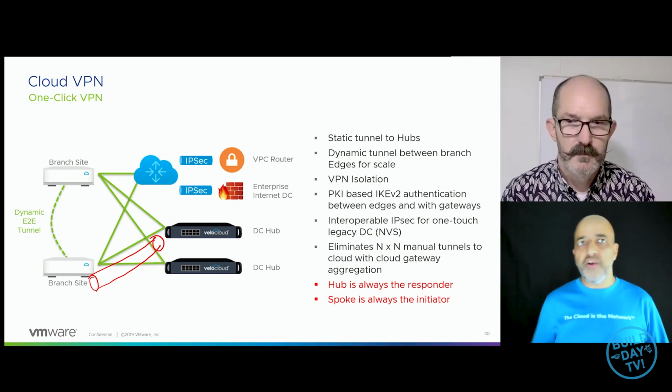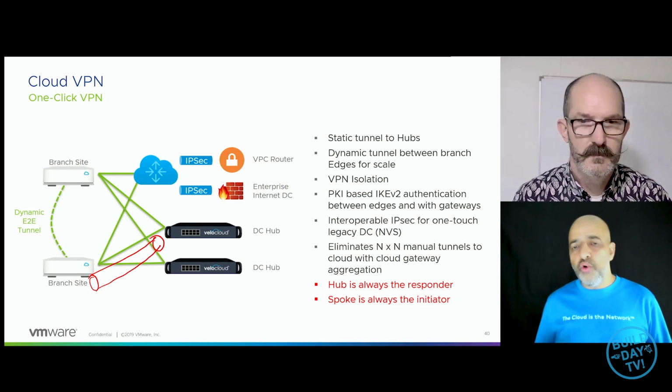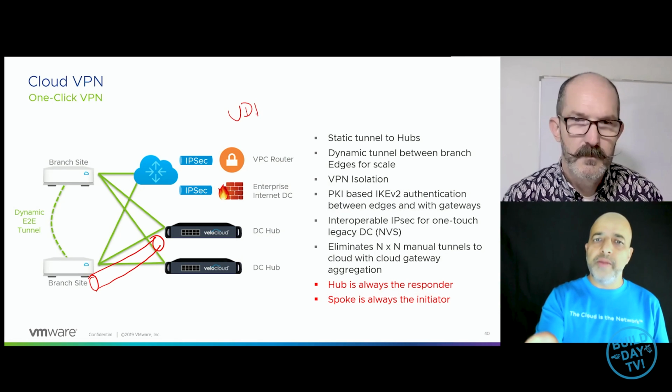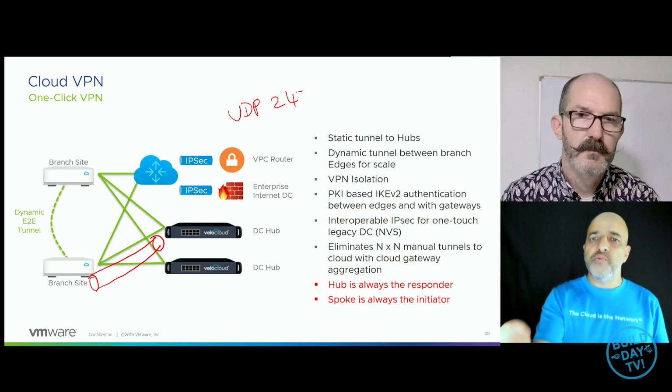Once you designate an edge device, let's say in a data center, as a hub device, then all the edge devices on your branch side will form a static end-to-end SD-WAN overlay tunnel to that hub site. And that's secured. These overlay tunnels for VMware SD-WAN work on UDP port 2426.